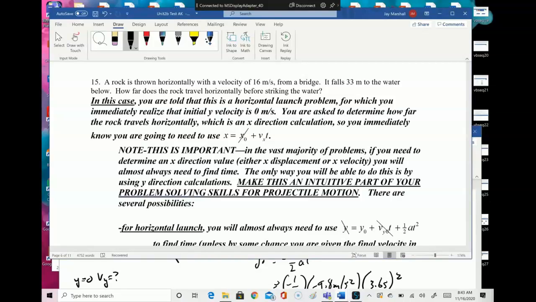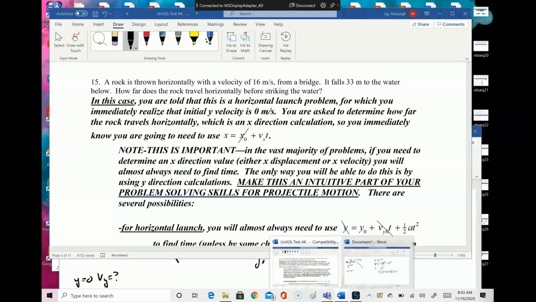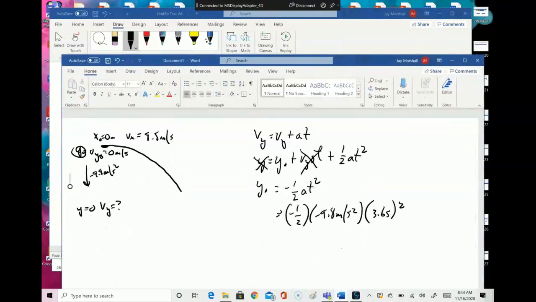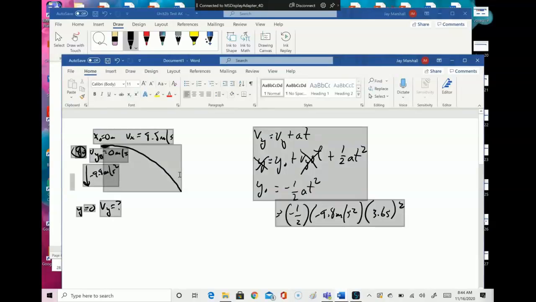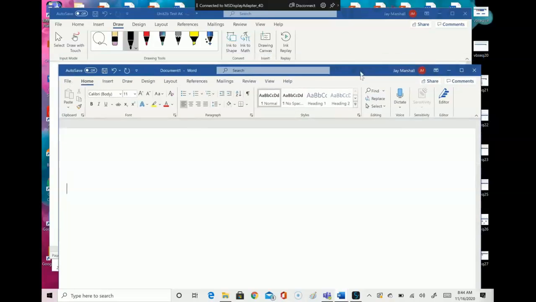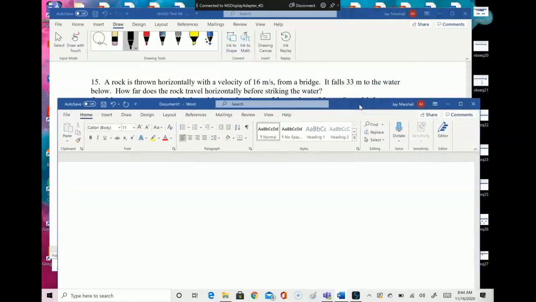Okay. Similar type of problem. A rock is thrown horizontally with a velocity of 16 meters per second from a bridge, falls 33 meters to the water below.